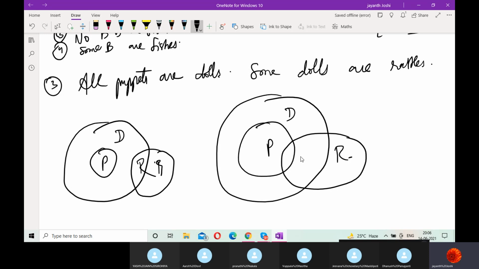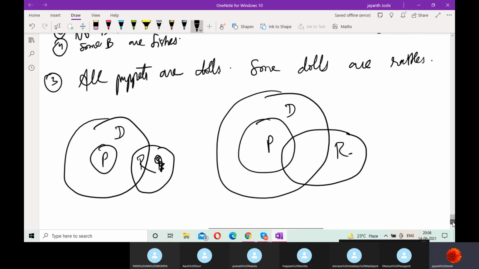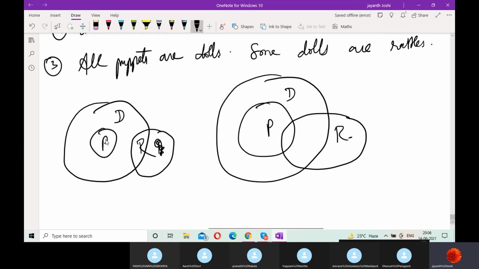And these are also rattles. Okay. Either they can cut dolls or they can cut like this also. So now what inference can we draw out of this? As already known, when all puppets are dolls, some dolls are puppets.